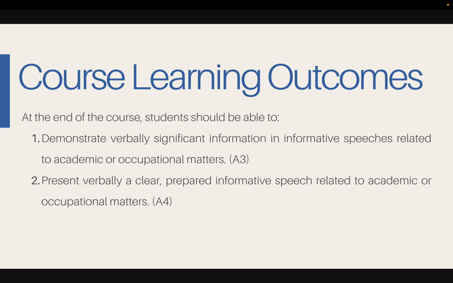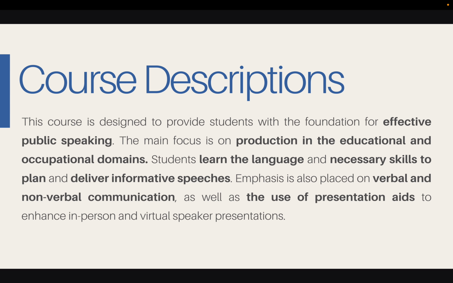By the end of the course, it is important that you as a student be able to demonstrate verbally any significant information in informative speeches related to academic or occupational matters, and be able to present verbally a clear, prepared informative speech related to academic or occupational matters.